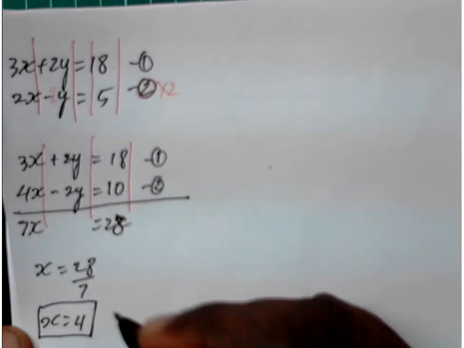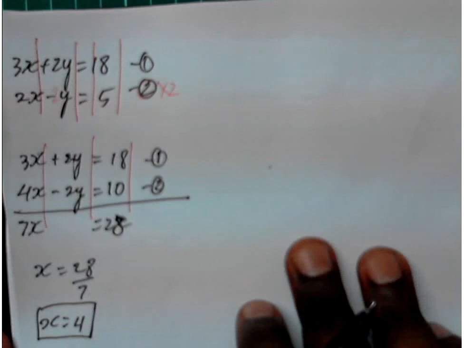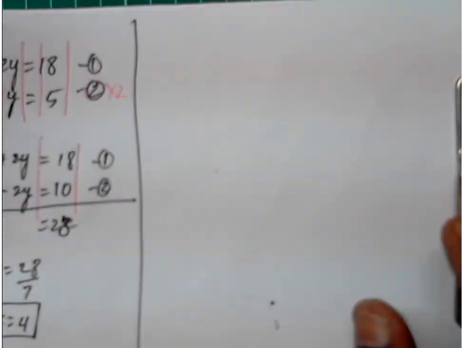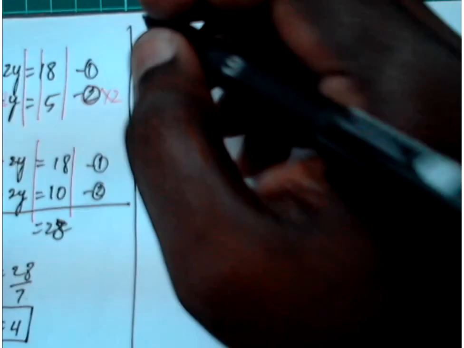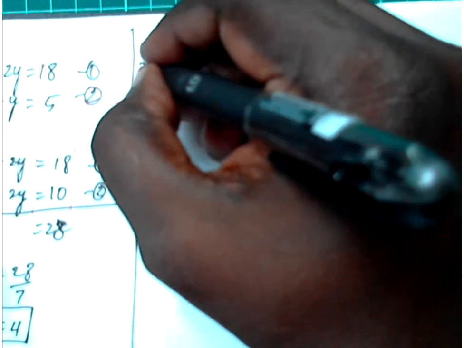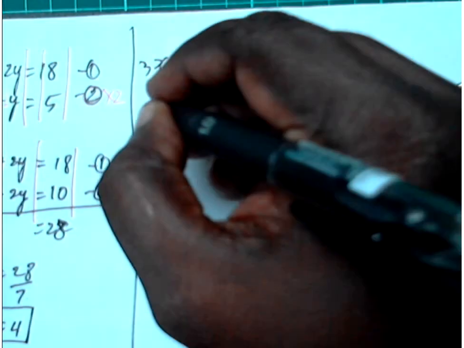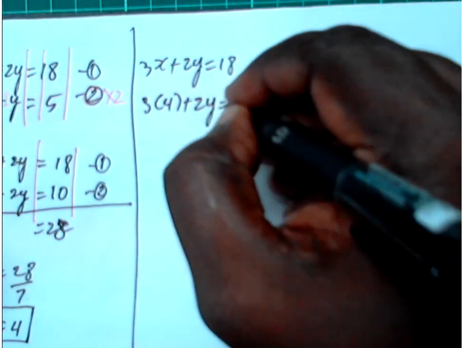Now, where do I get my y? I just take my x and plug it into any one of these equations that makes sense, and I will be able to get my y. I can probably take the first one again. So I have 3x plus 2y equals 18. So 3 times 4 plus 2y is equal to 18.